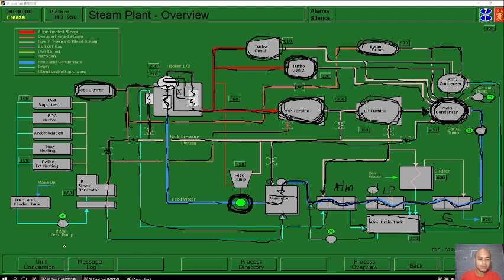And then, oops, so there is still one superheated line in here, the small red one, this one. So there is also a small superheated line going to the feed pump, so that the steam driven feed pump will run.